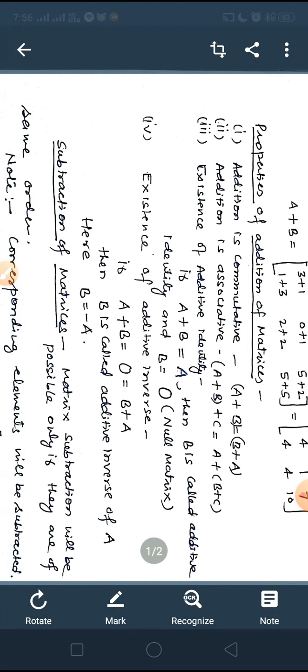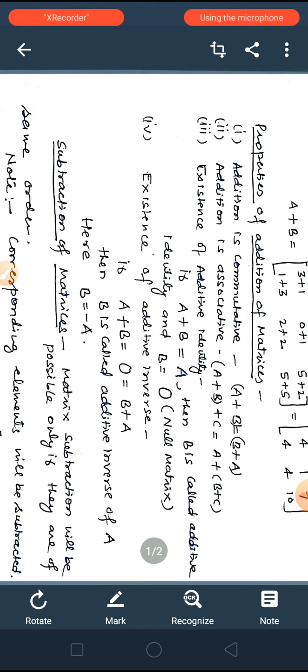Now, existence of additive identity. What is an additive identity? If you recall, the additive identity of a natural number or an integer is 0, because if you add 0 you will get the number itself. So here, which can satisfy this property?